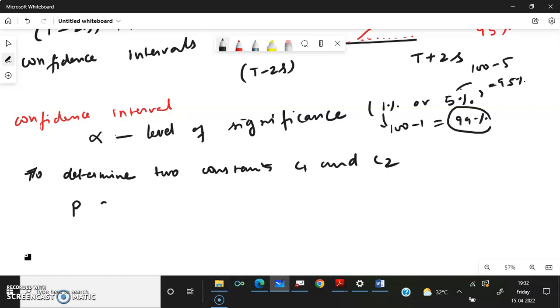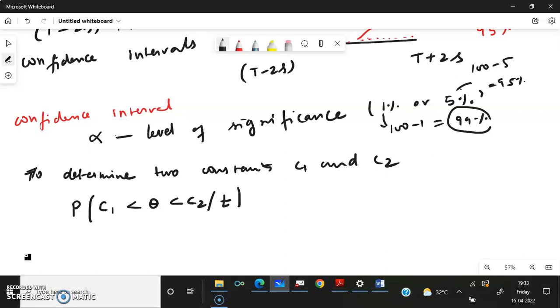That is, the probability of C1 less than our population parameter less than C2. So the probability that our population parameter theta lies between C1 and C2, given T from the sample. So using T, we are going to estimate theta.